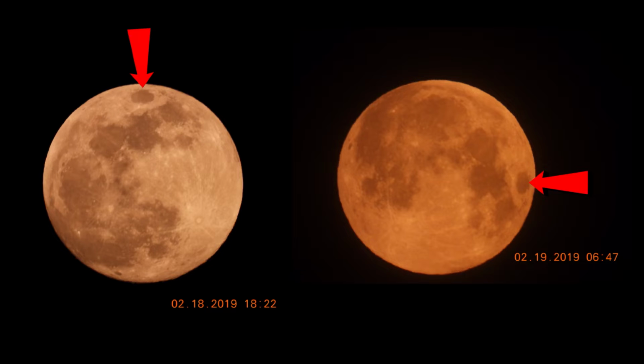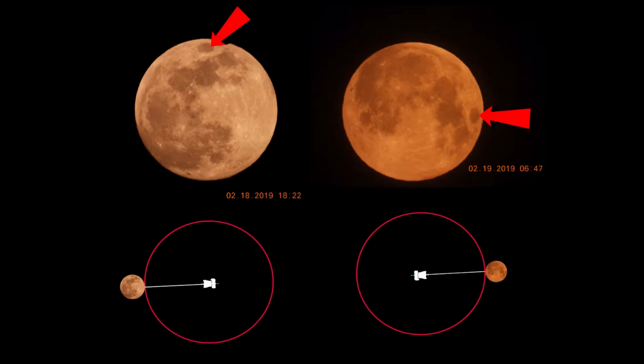Well, it's moved a quarter of a turn in nearly 12 hours. So what does that mean? That means that from 6:30 at night to 6:47 in the morning, something has happened to that moon, and it's moved, rotated. And it's not an illusion, it's a reality.